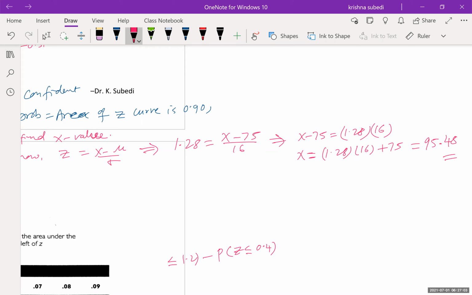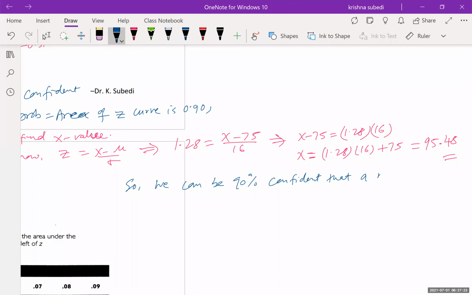So what it means is we can be 90% confident that a randomly chosen person is younger than 95.48 years old.